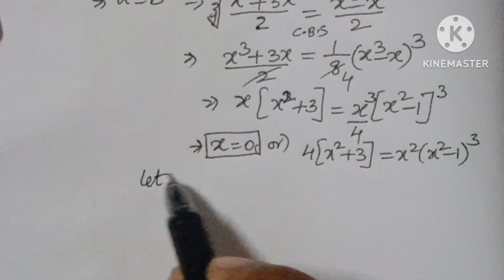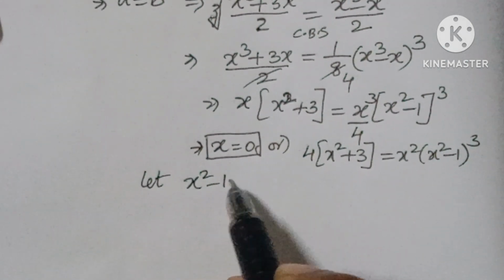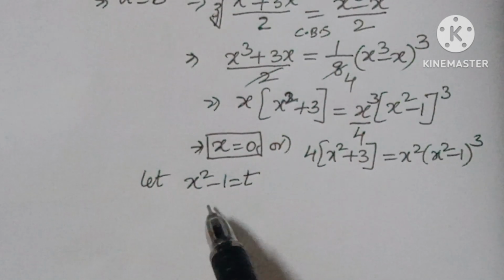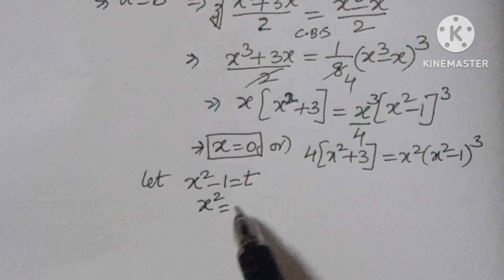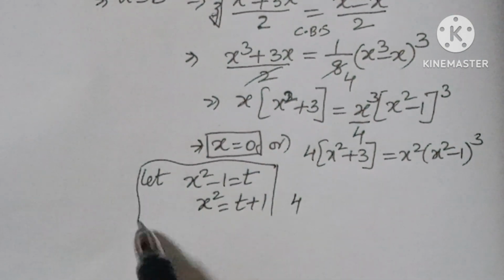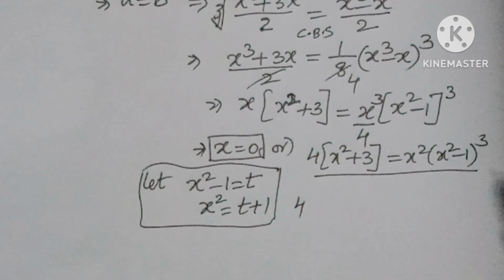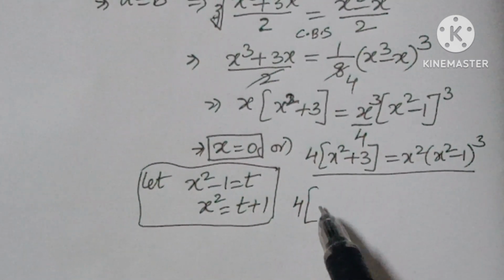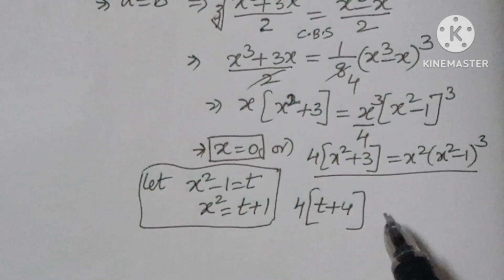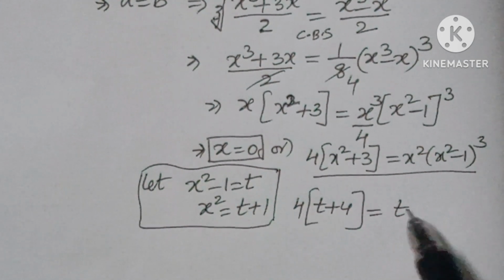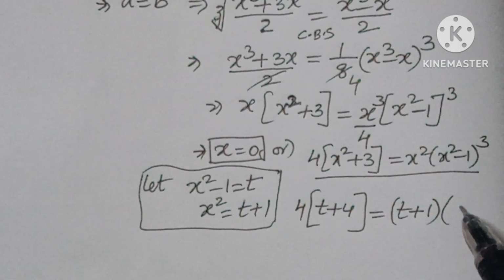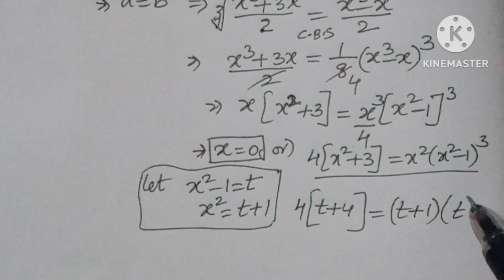Now let us take x squared minus 1 is equal to t. So x squared is equal to t plus 1. If you substitute this value in the equation, 4 times (t plus 4) is equal to (t plus 1) times t cubed.